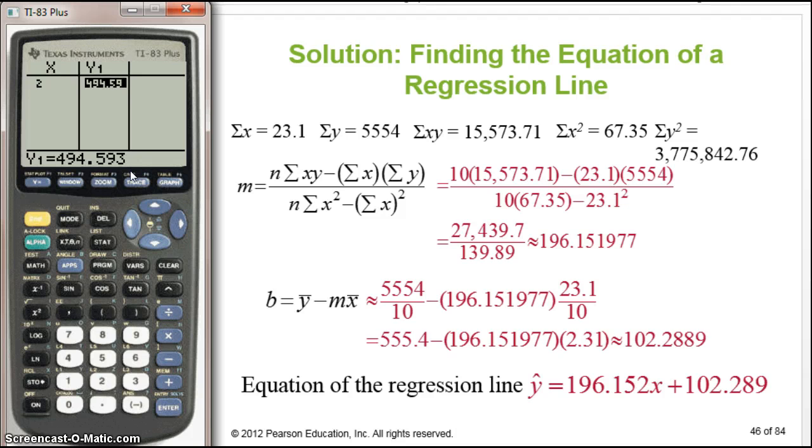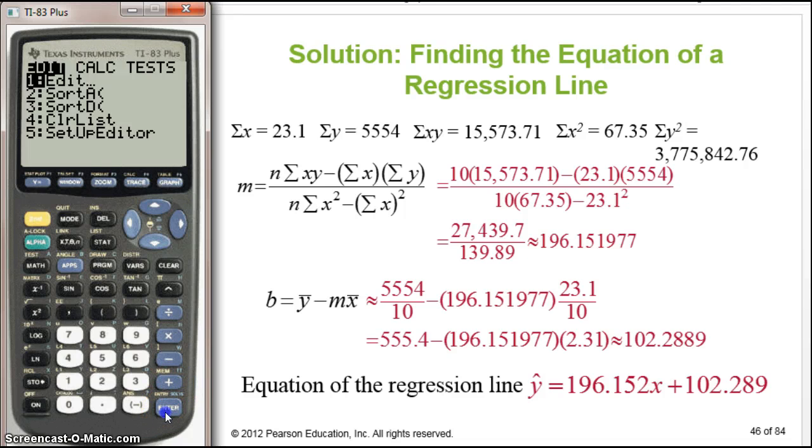The only thing to keep in mind though is when you're typing in values of x to find what y is as a result, I would say that it's important that the x values that you type in fall in the range of the x values that you typed into the list. So for example, let me go back to the list for a second, hit stat and edit.